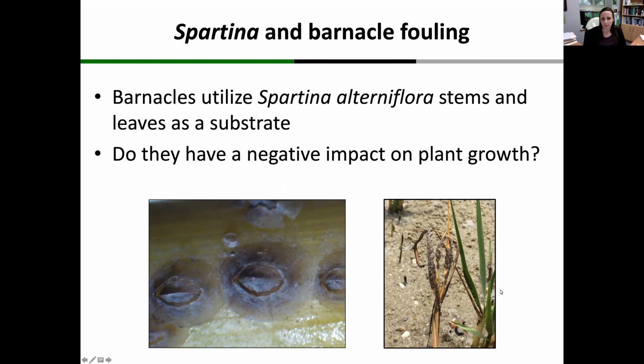And we found at most sites, barnacles don't settle in high enough numbers to have a negative impact, at least not something that we've been able to measure. But at those sites closest to the ocean, if you have a marsh system there, those plants get covered in more barnacles. And it seems like they may have a negative growth impact that they experience.